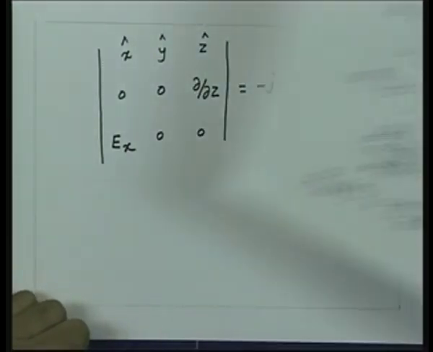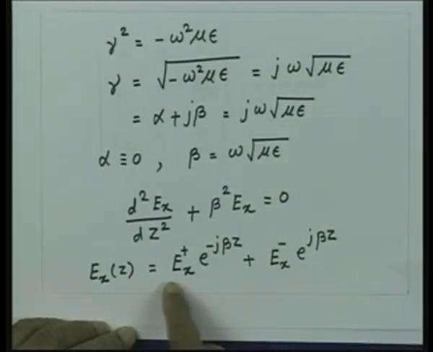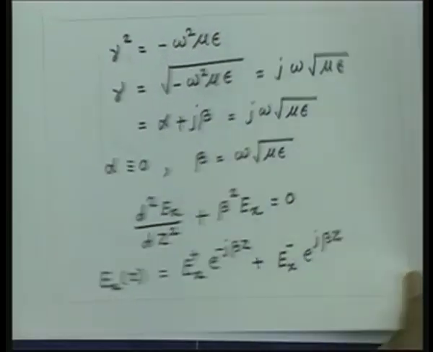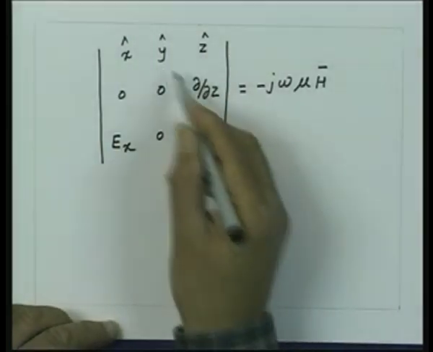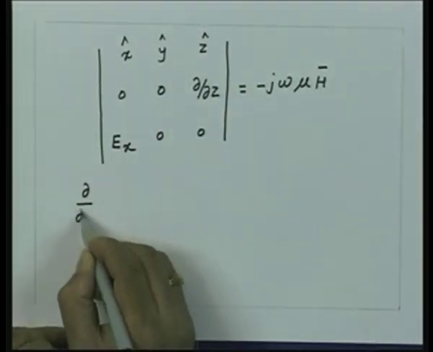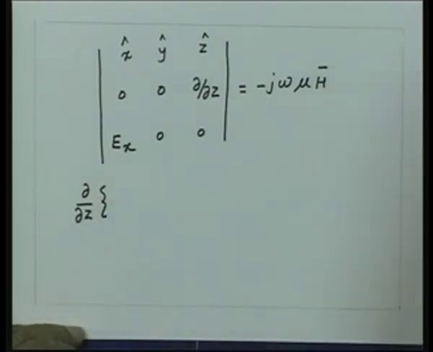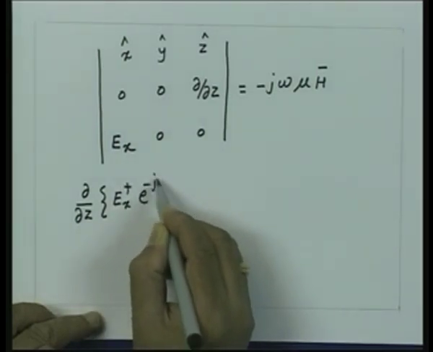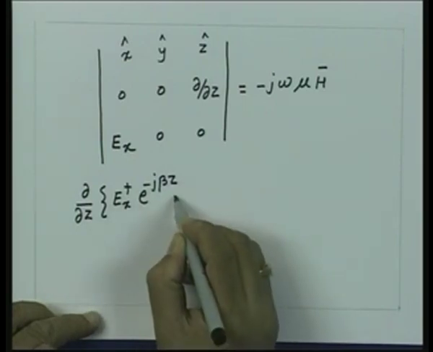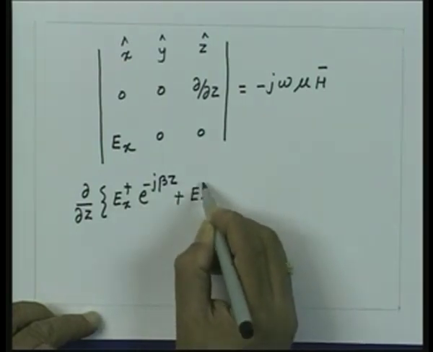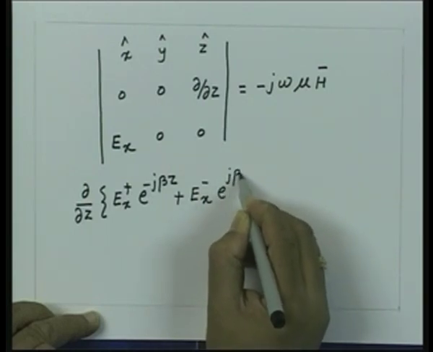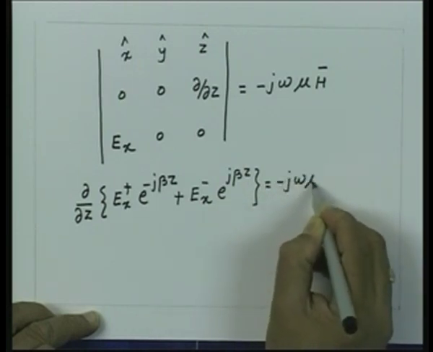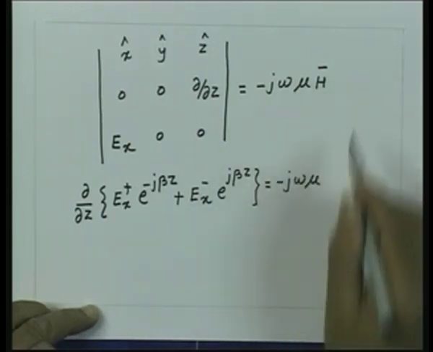And Ex now is a solution which is this. So, it has two components which are representing two travelling waves. So, I can substitute now this E here. So, this will be d by dz of Ex, which is Ex plus e to the power minus j beta z plus Ex minus e to the power j beta z, that is equal to minus j omega mu, and the components of the magnetic fields.